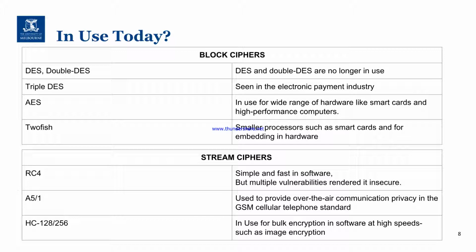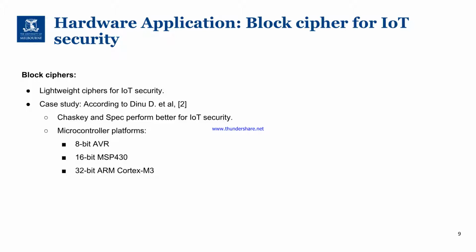In terms of stream ciphers, RC4 is no longer used because of vulnerabilities. A5 is still used somewhere in the GSM and cellular industry, and HC128 and 256 are used for bulk encryption and software.